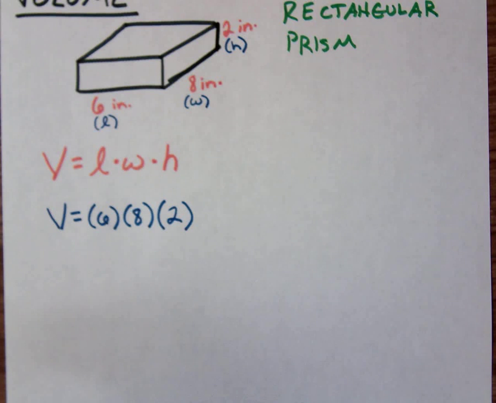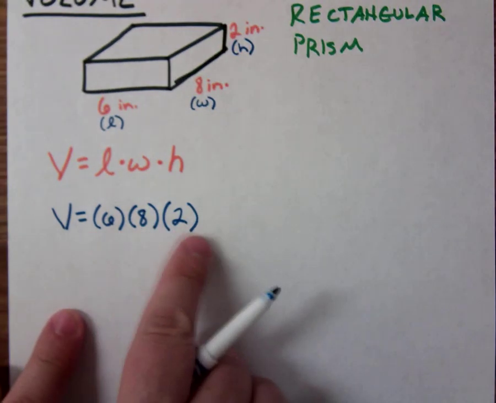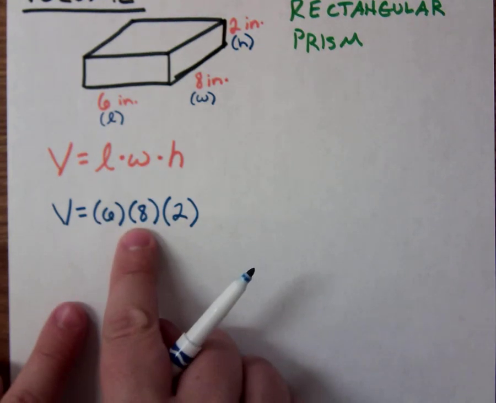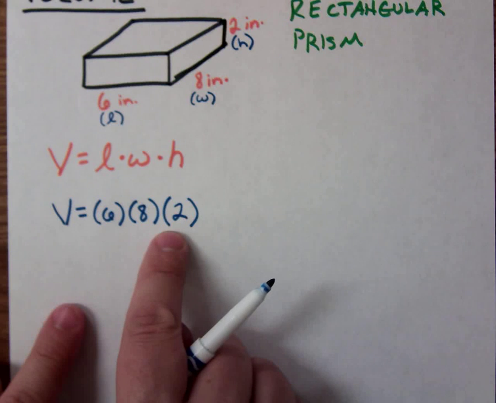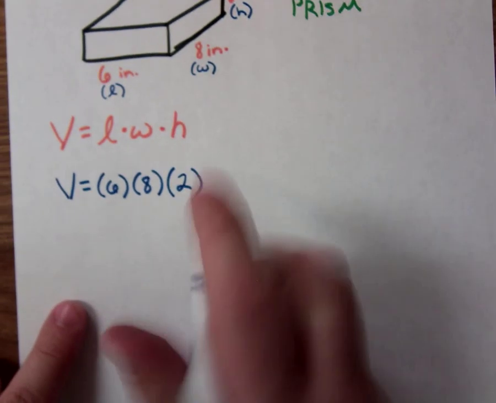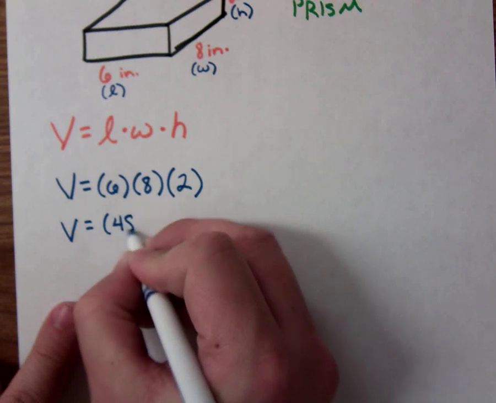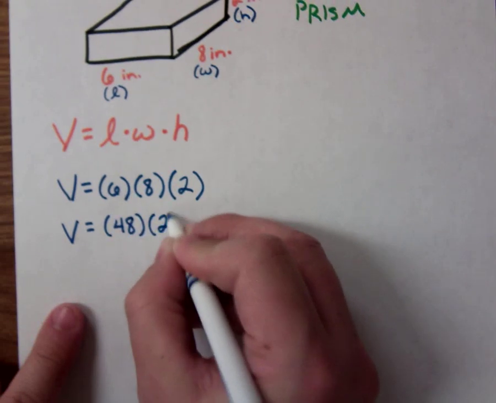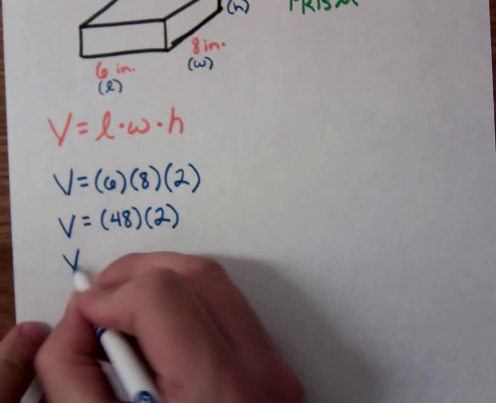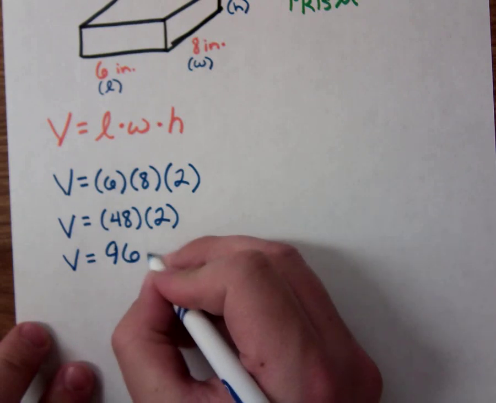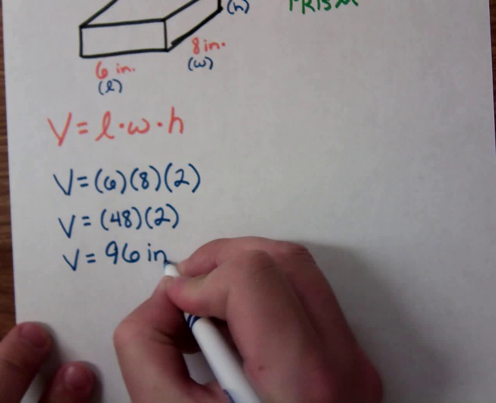So I can do 6 times 8 and then times 2, or I can do 6 times 2 and then times 8. It's kind of whatever you think's easiest. I think multiplying by 2 on the end actually is the easiest thing to do. 6 times 8 is 48. I think doubling a number is pretty easy. 48 times 2 is 96, so 96 inches.